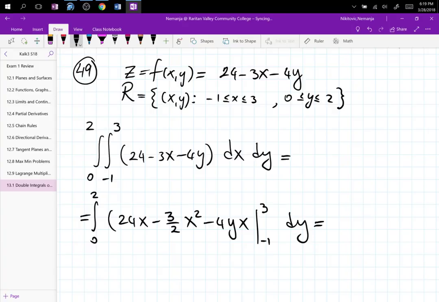People do one of two strange things. This is integration, nothing dies, okay? So people either say, oh, I'm integrating with respect to x, and they say that's 0. No, that's for derivatives. For integrals, you pick up x. Or they don't put x there. They actually go to y squared over 2, which is also weird because you're integrating with respect to x.